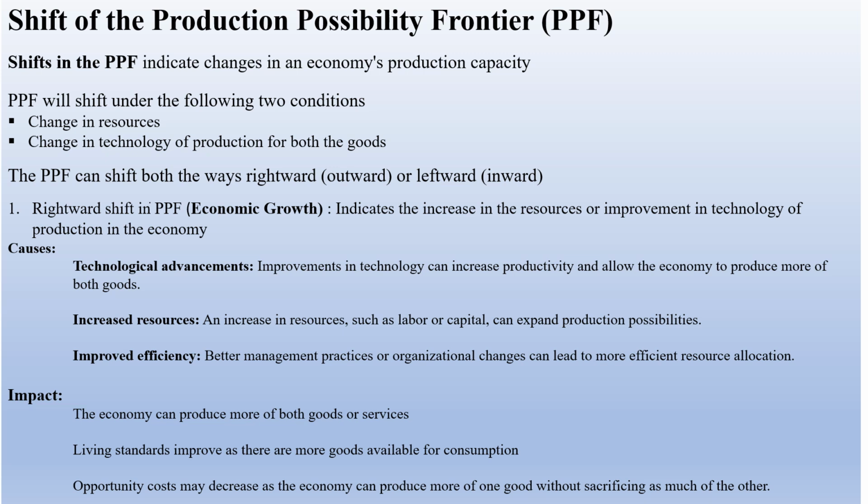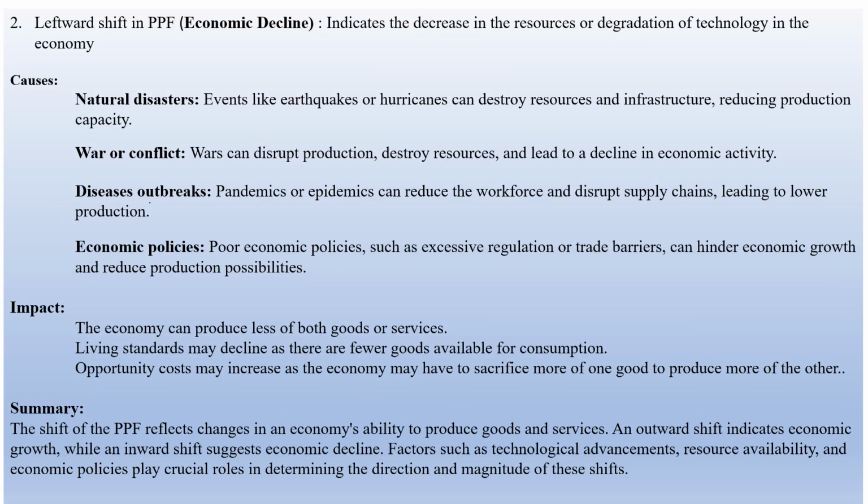Living standards improve as there are more goods available for consumption. Opportunity cost may decrease as the economy can produce more of a good without sacrificing as much of the other. A leftward shift in PPF, or decline, indicates a decrease in the resources or degradation of technology in the economy.